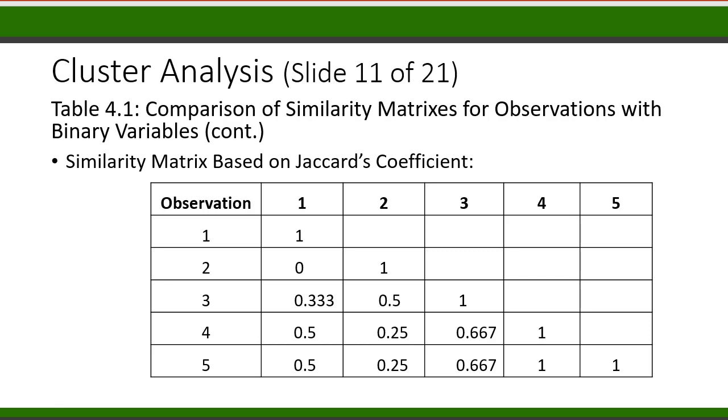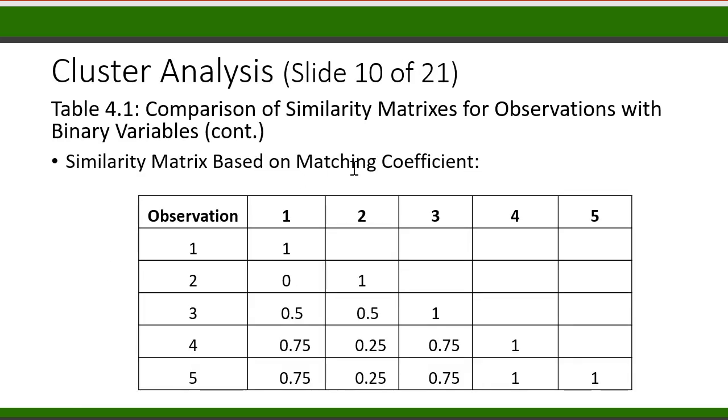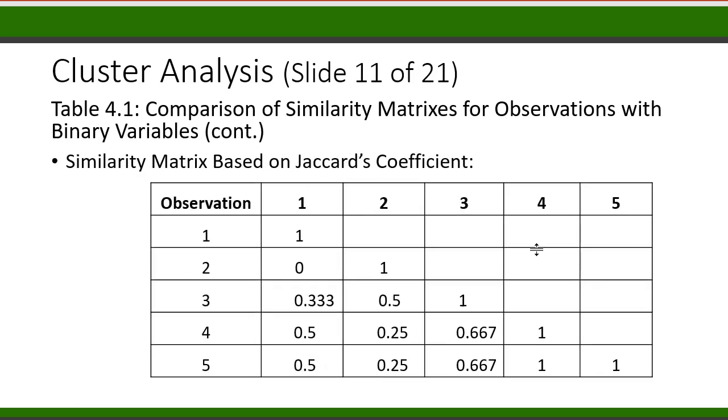And so is there a meaningful similarity if you believe that it's got females or not, or the loans or mortgage here. And if they're dummy variables, they were taken out using the Jaccard coefficient. So then it becomes a measurement of whether you want to use the matching coefficient or the Jaccard coefficient.